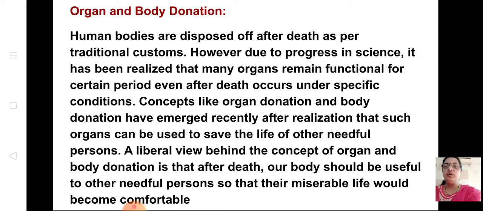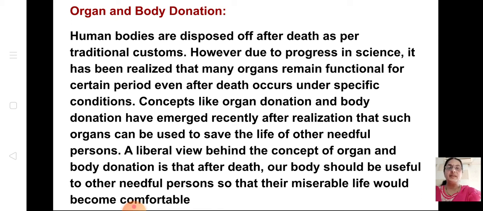A liberal view behind the concept of organ and body donation is that after death, our body should be useful to other needful persons, so that their miserable life would be comfortable. Many people are blind, or their organs have failed.